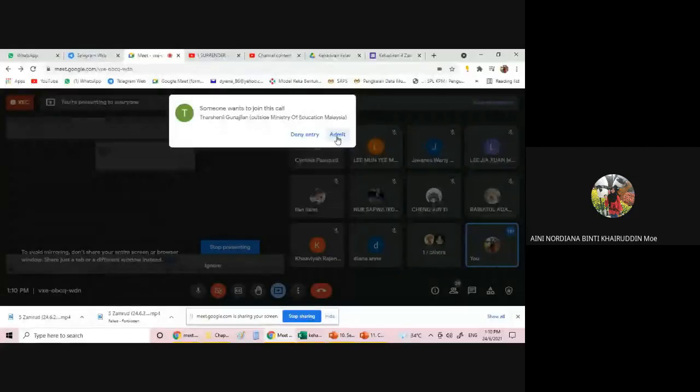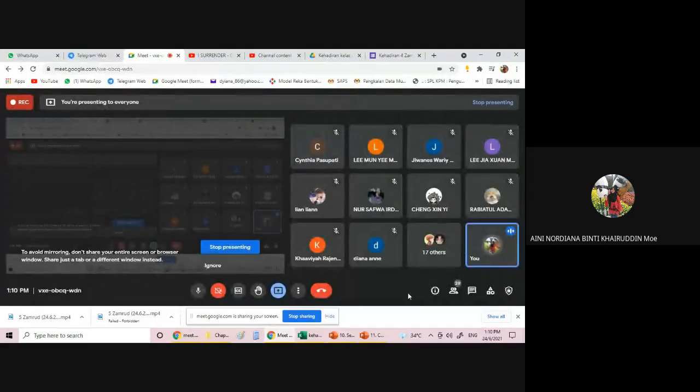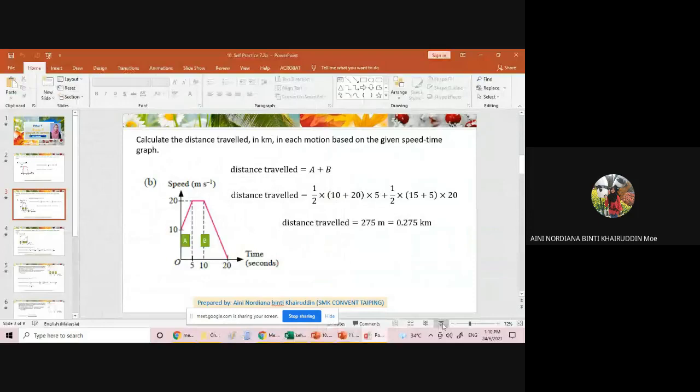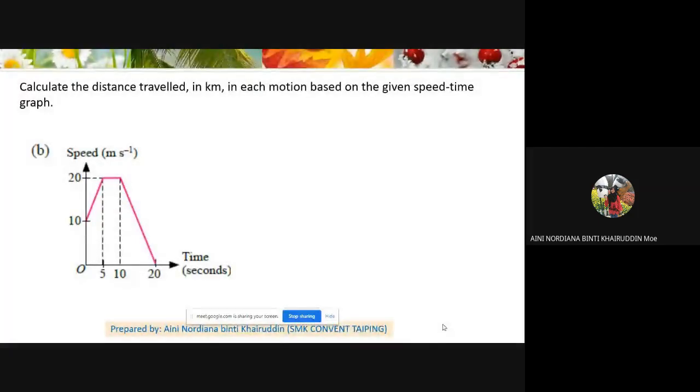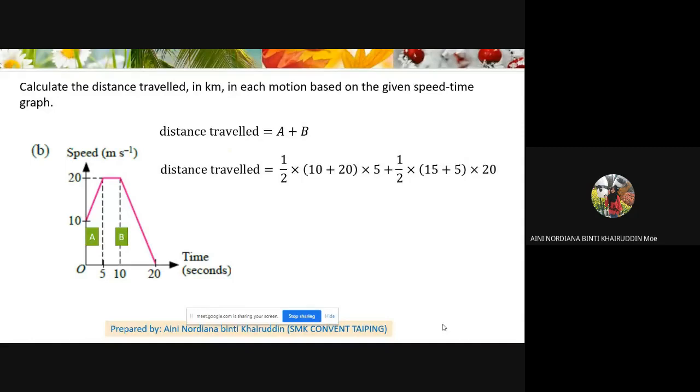Now my internet got problem. Sebab dia tak show apa yang I tunjuk ni. Okay, dah. Okay. So now you can see, right? Yes, teacher. Okay. Tadi line tak okay kot.